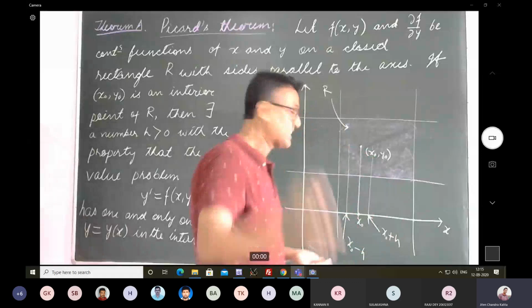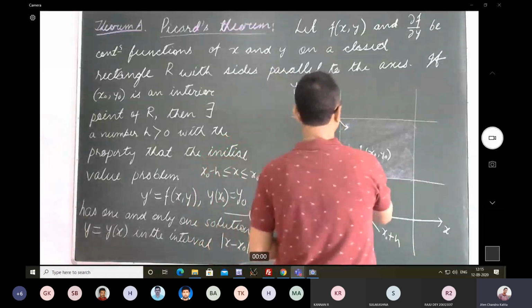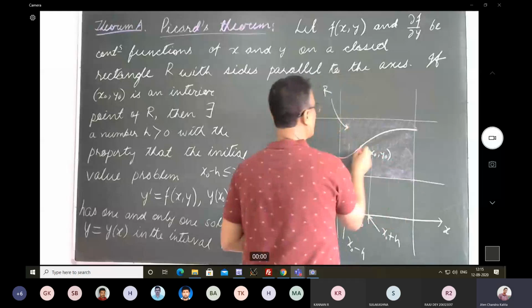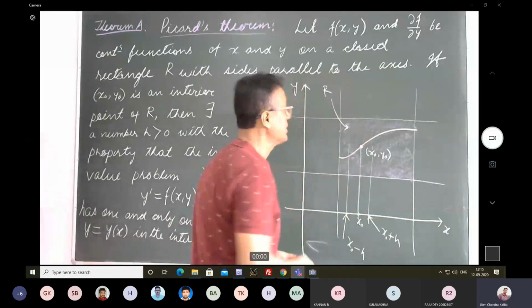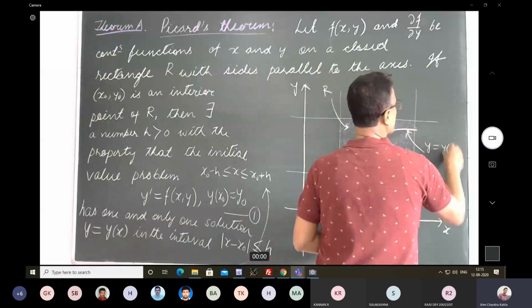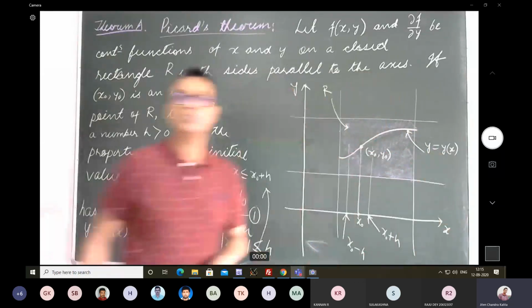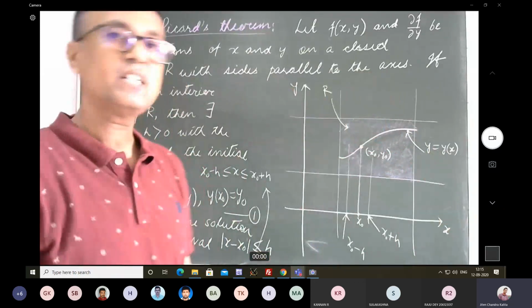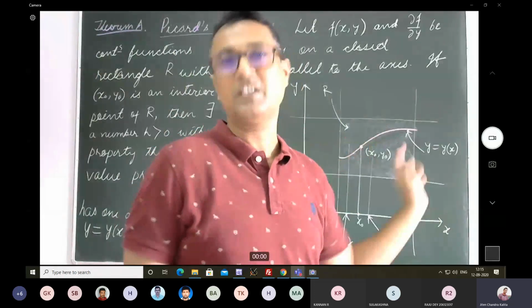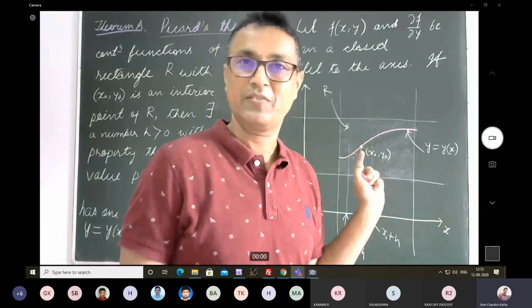Of course, that will come later on. So something like this, which passes through this point. Okay, which passes through this point. Suppose this is the solution, y equal to y of x. Is it clear? Fine. At least we have been able to visualize the statement here. Okay, the proof will come later on.